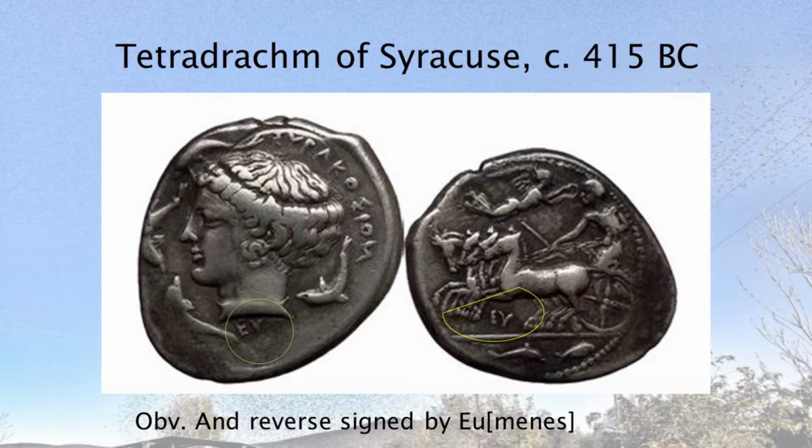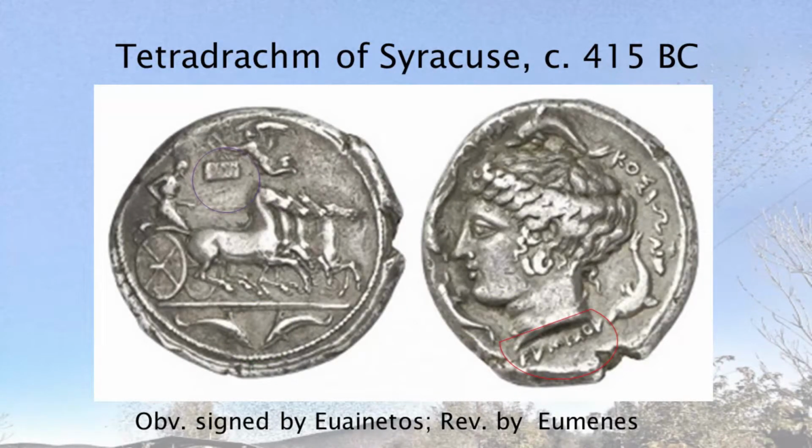His name appears both on the obverse and the reverse, so we can see in both dies, two sides of the coin, produced by the single individual. Euenetos, a contemporary, signed the obverse of one coin.